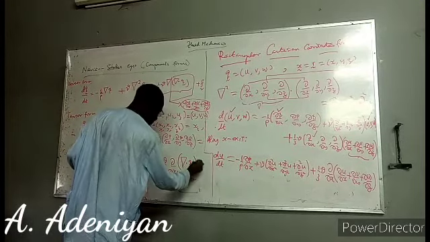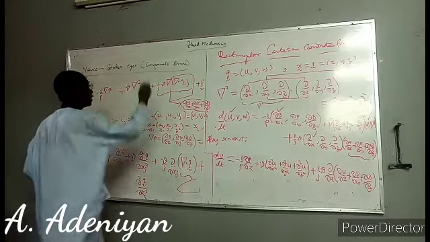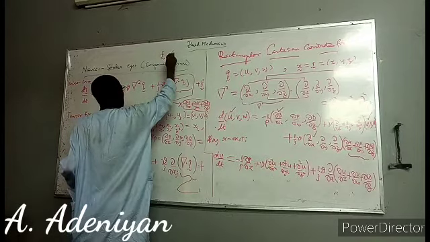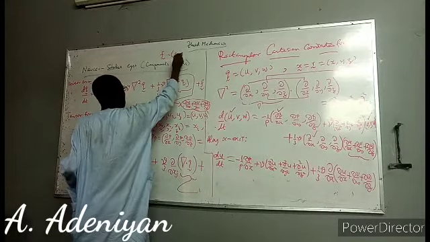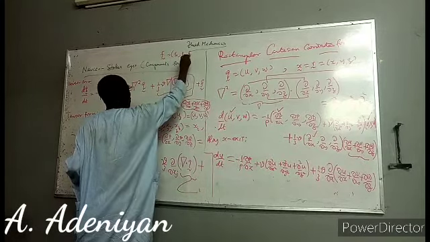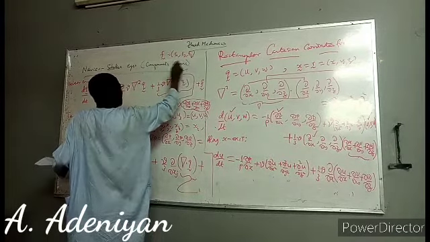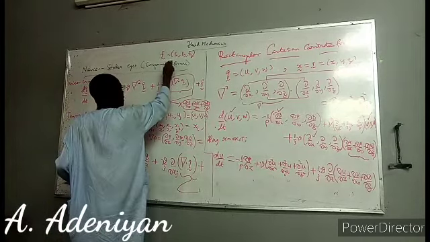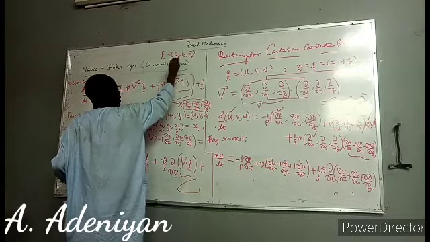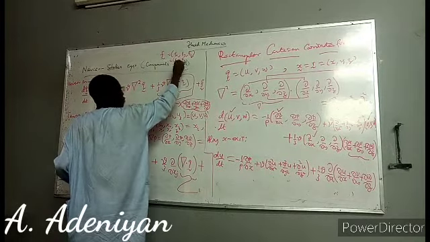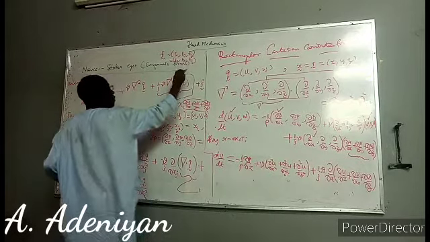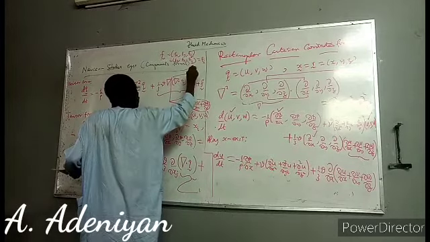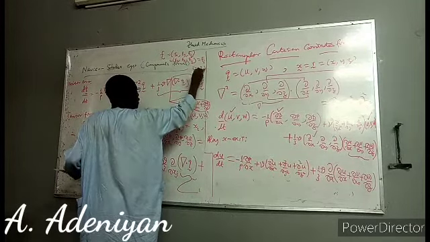Generally a force, if this is a vector force per unit mass, it will have three components. One along x, along y, along z. If you want to generalize it in tensor form, this is F1 along x, this is F2, this is F3. So I want to put this in tensor form, that is F subscript i, where i is 1, 2, 3.